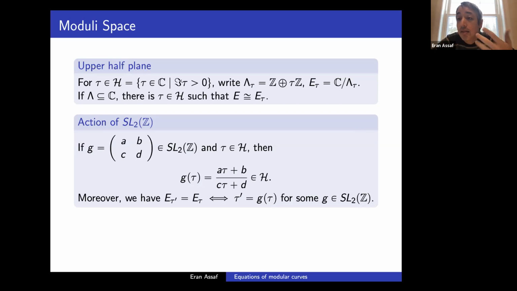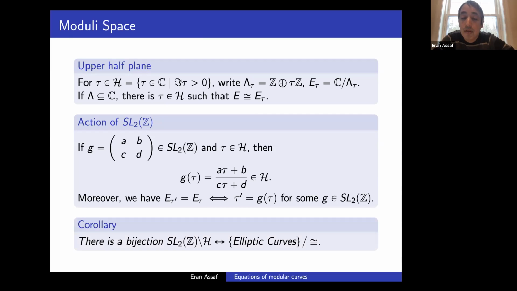We can see that two elliptic curves that we construct in this way are the same if and only if there is some 2x2 matrix with integral entries that sends one tau to the other. The point of this is that if we take the upper half plane and quotient it by the action of SL2Z, we obtain exactly the elliptic curves up to isomorphism.